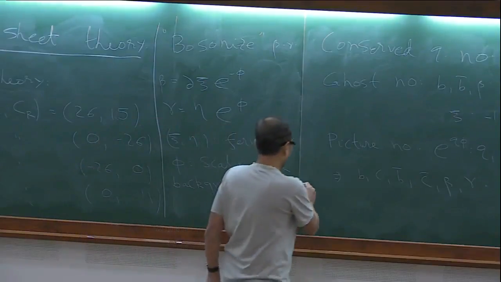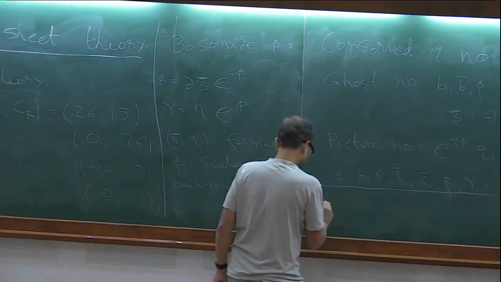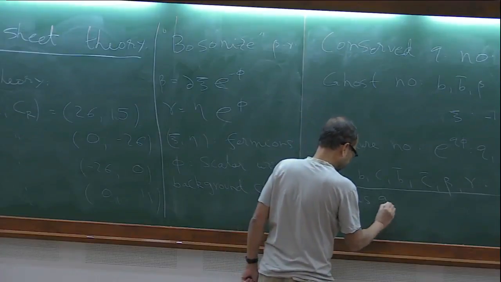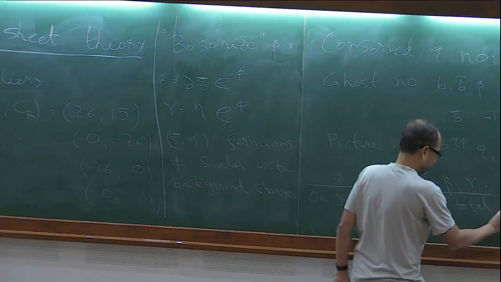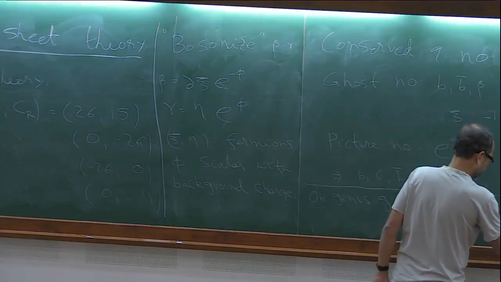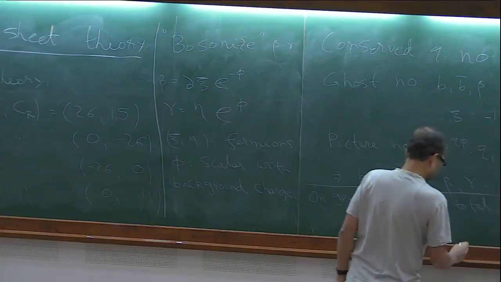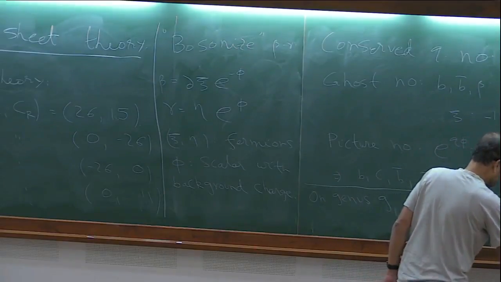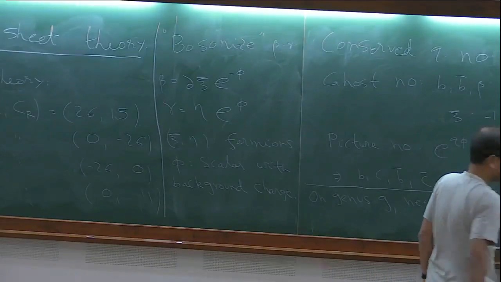Now, the conservation laws on genus g need total ghost number 6 minus 6g and total picture number 2g minus 2. Otherwise the correlation function vanishes.